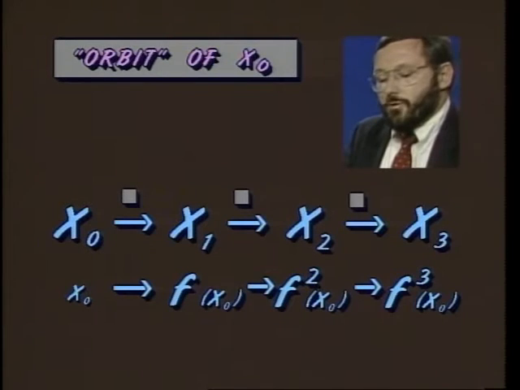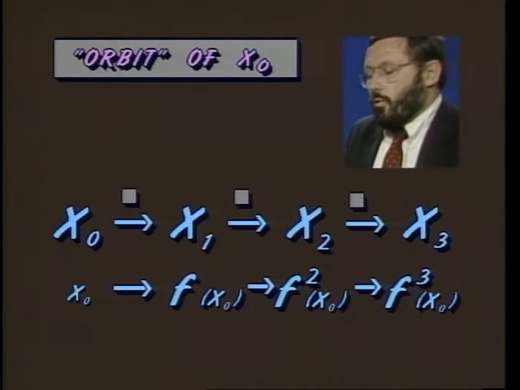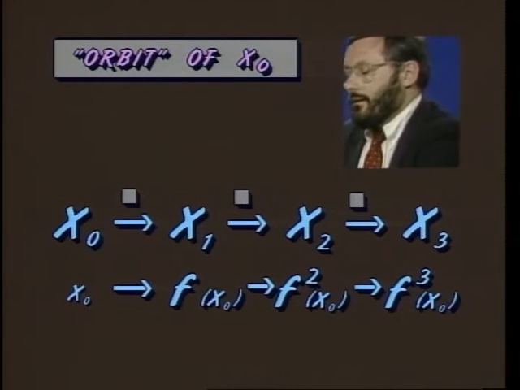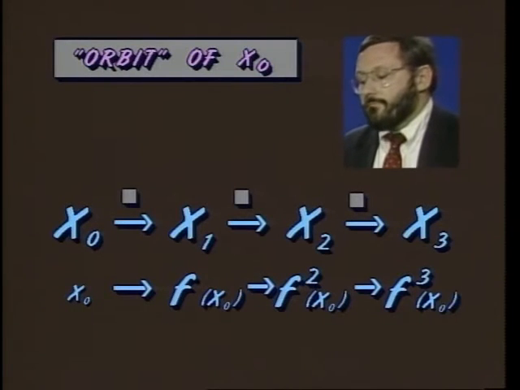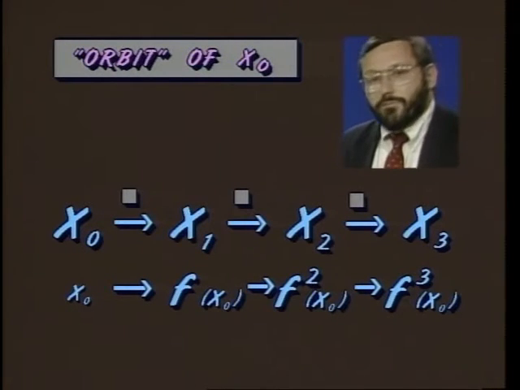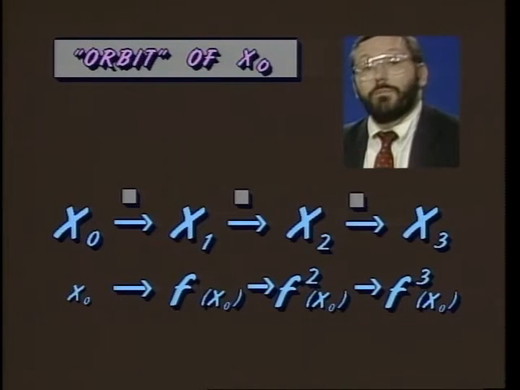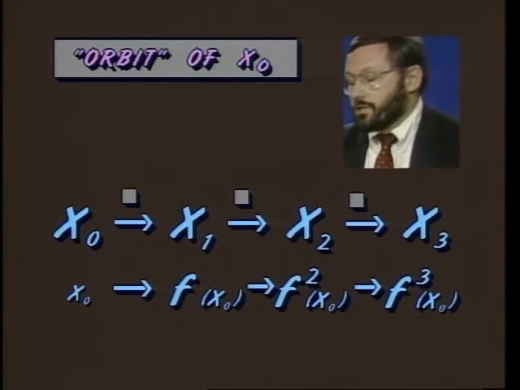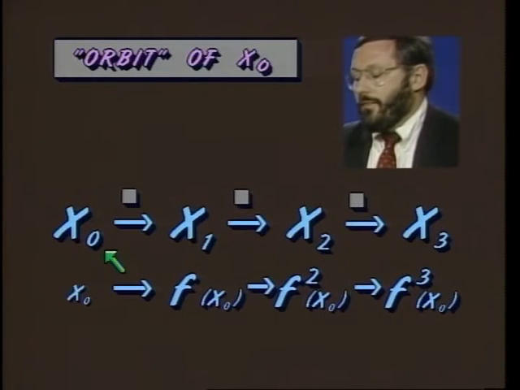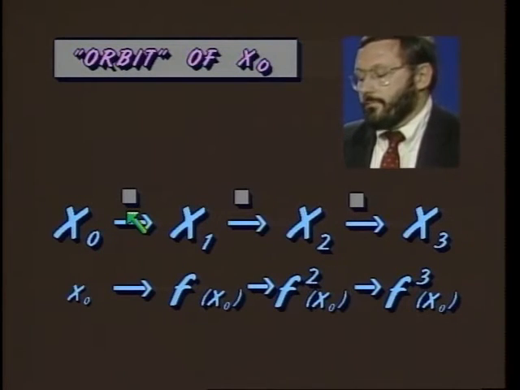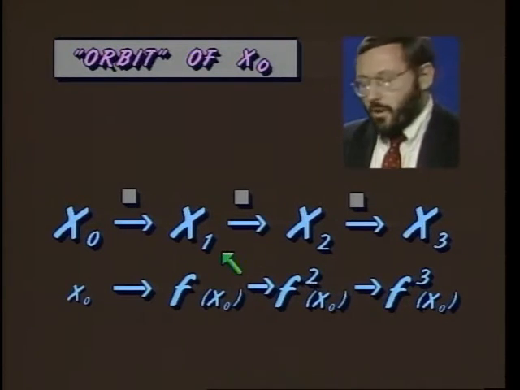At this point, let me introduce some notation that we'll use later. When we iterate the calculator or the computer, that is, when we successively press the buttons on the calculator, we're computing what I call the orbit of the initial point. If we start with a number x naught and then press the button on a calculator, we produce a number x1.